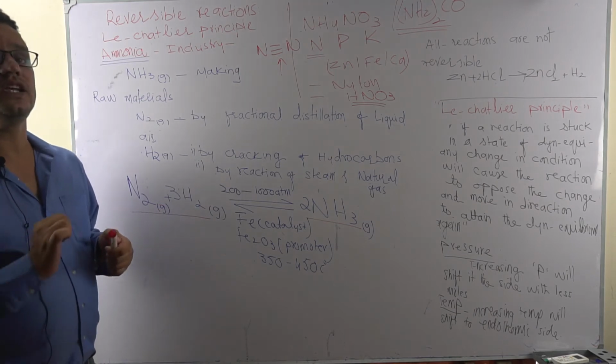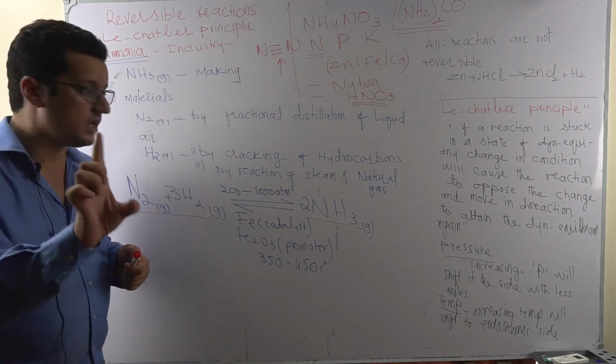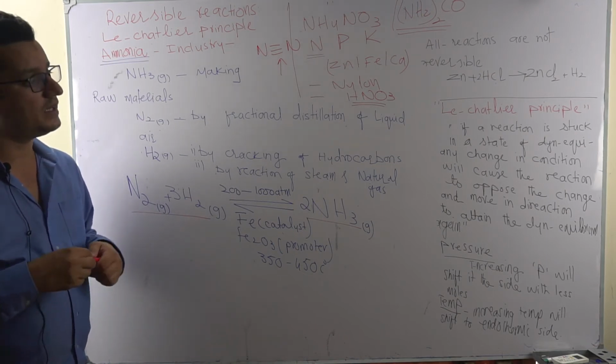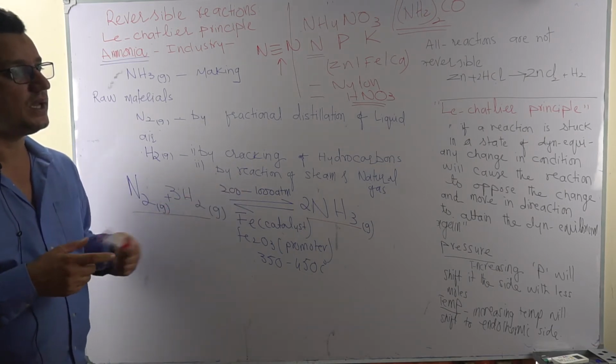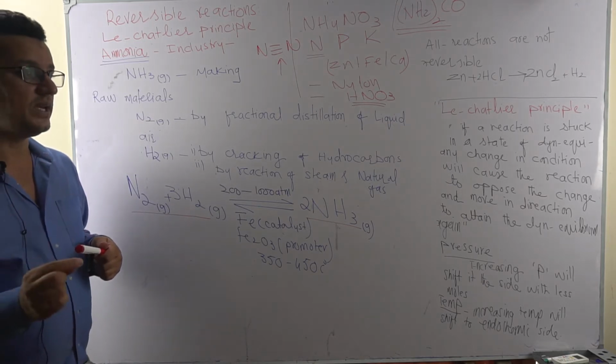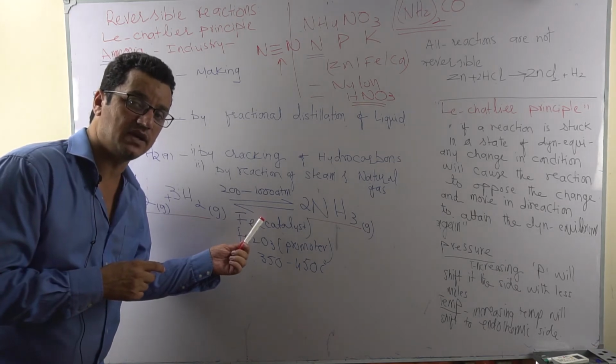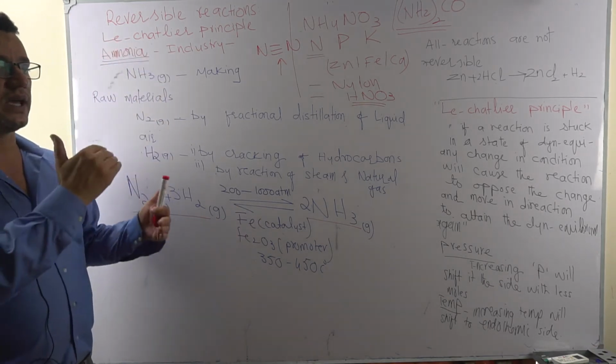But when we need to improve the yield in terms of dynamic equilibrium, the yield can't be improved by any factor other than the Le Chatelier rule, and the rule says if you create a change in a reaction stuck in the state of dynamic equilibrium, the reaction will counter strike and oppose the change.